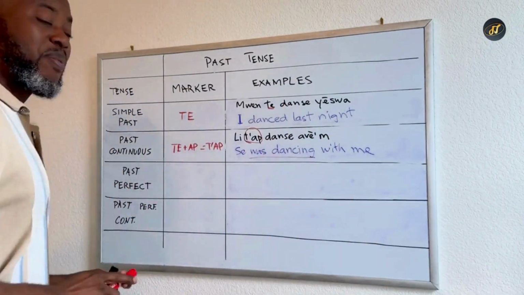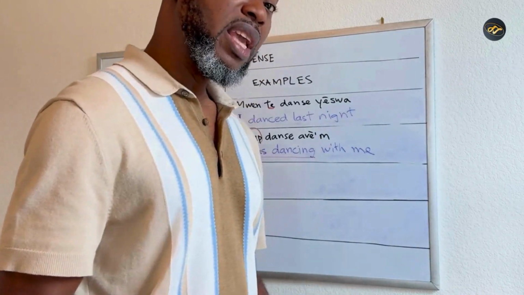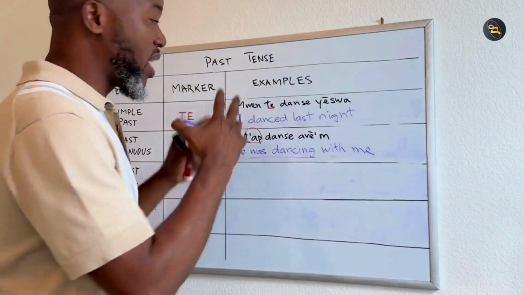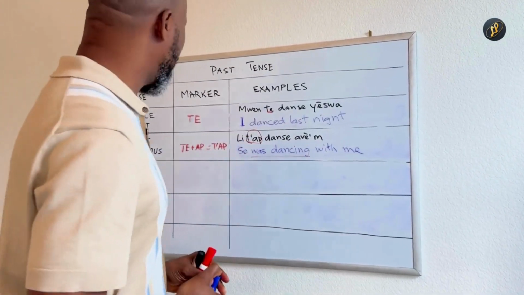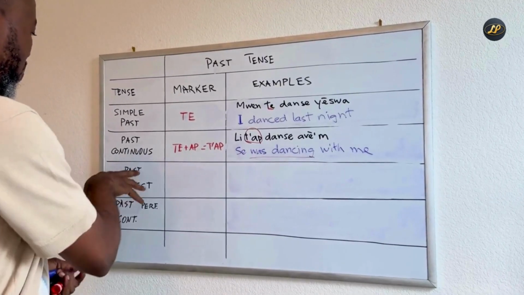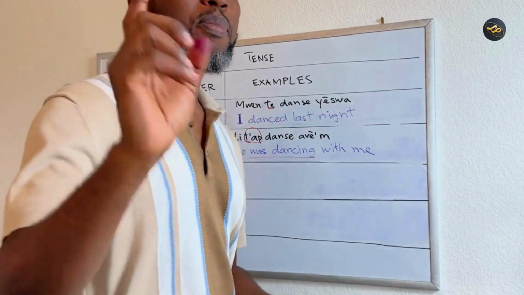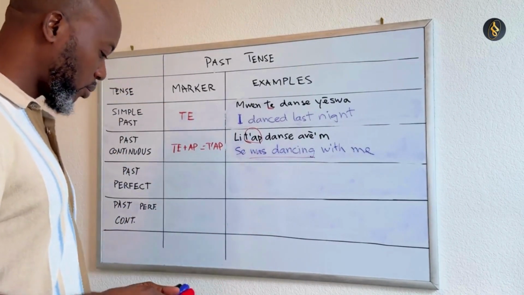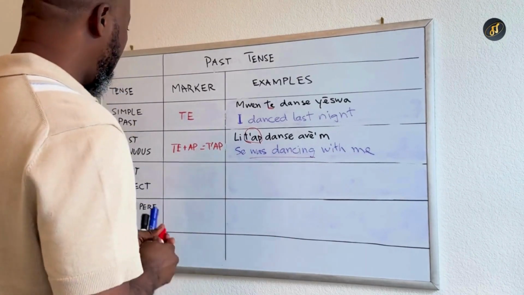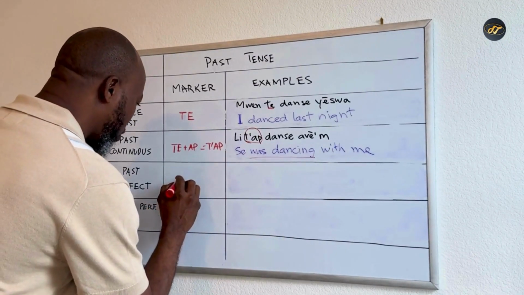Okay? Now, past perfect. If you remember the pattern we have with the present tense, it's gonna be the same thing with the past tense. But now, for the past perfect, we're gonna go back to our marker te. And this is the marker for past perfect.